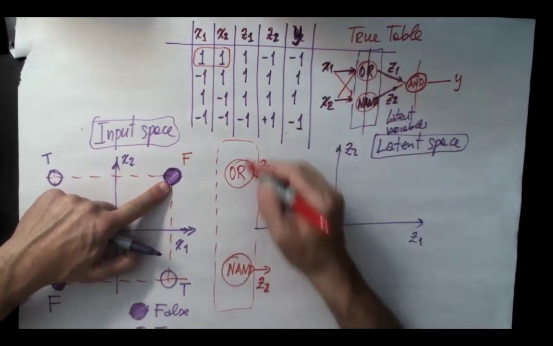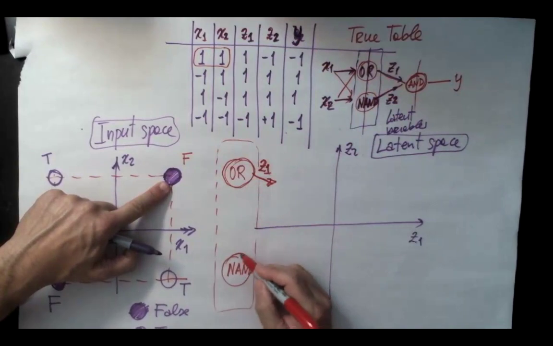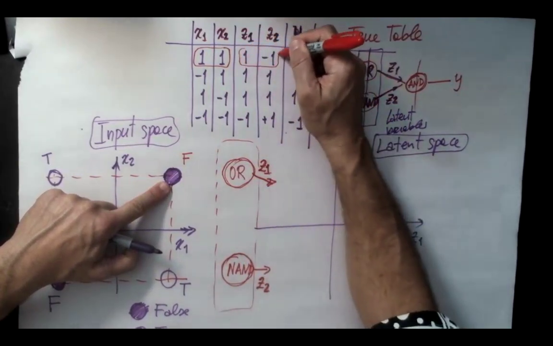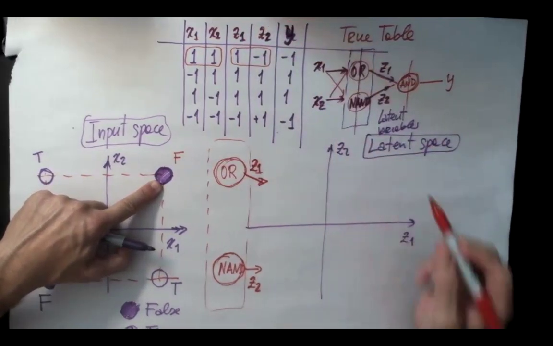And after it goes through the first layer of neurons, we get this output, 1 and -1.